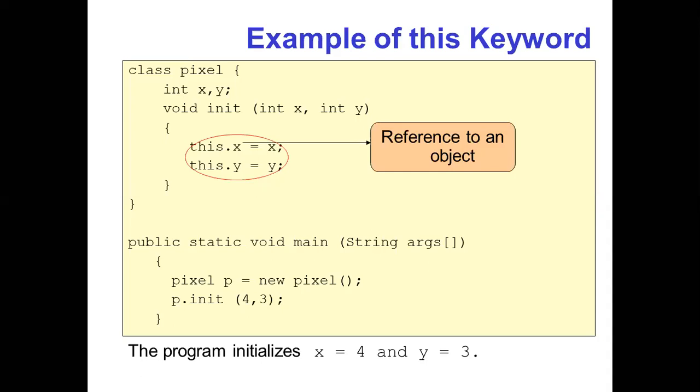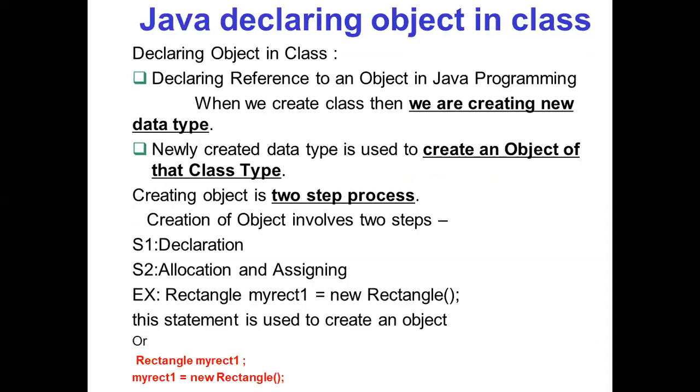Then we saw how we declare the objects, in two steps or a single step, in the previous class. Java declaring object in the class: my rectangle to new rectangle.